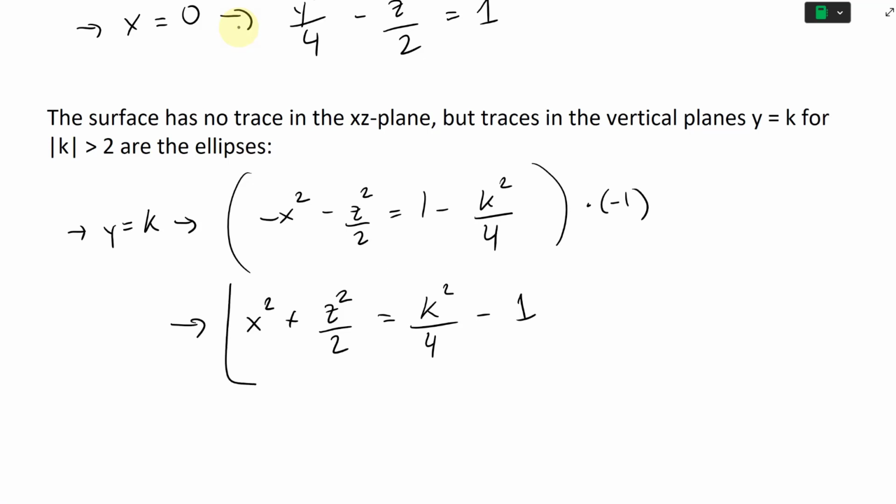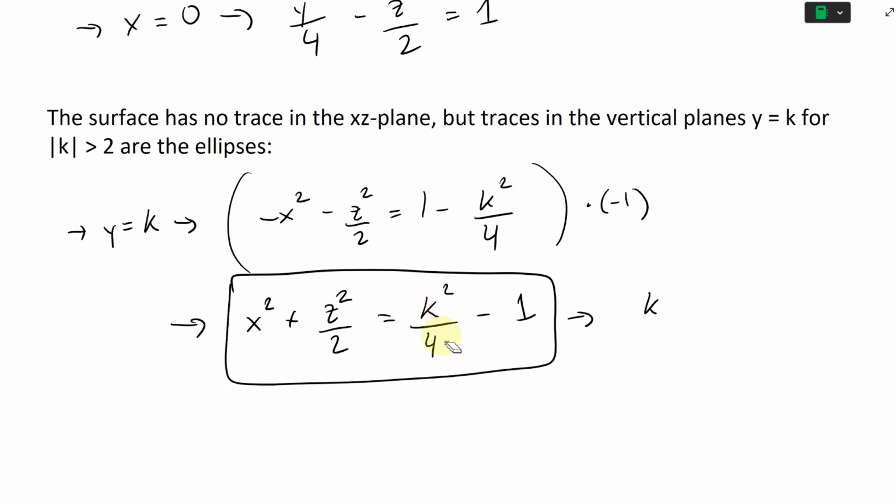And these are going to be ellipses. So this is an equation of an ellipse as we showed before, but we need the absolute value of k to be greater than 2, otherwise it's going to be negative. I mean, k squared has to be greater than 4. Yeah, so I'll just write this down.